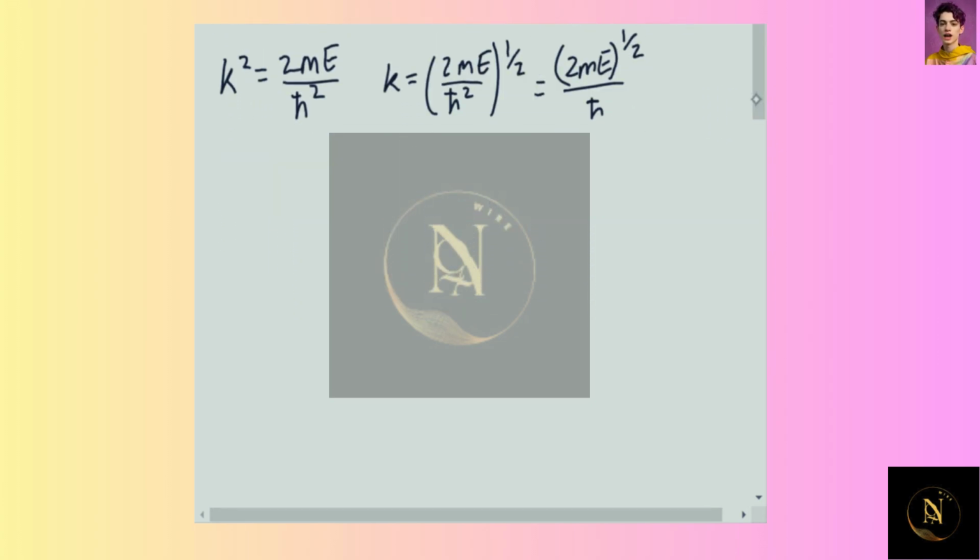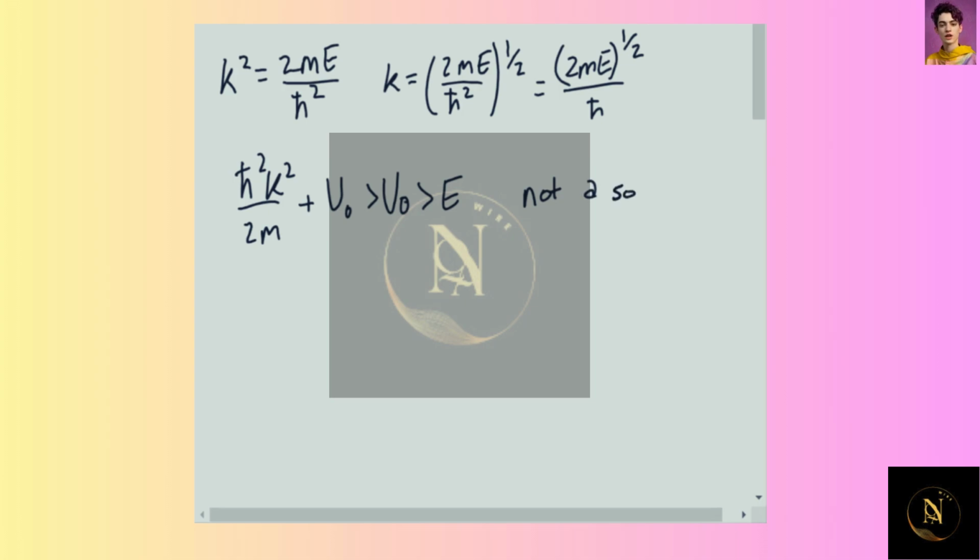And we can see that h bar squared times k squared over 2m plus u naught is greater than u naught, which is greater than E. This is if k is real, and we solve for k as the square root of 2mE over h bar.